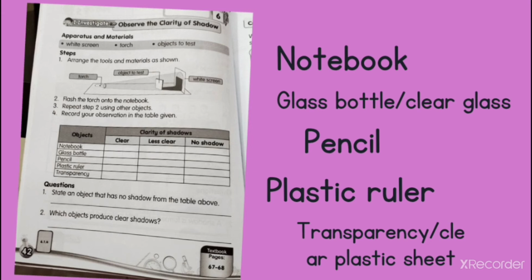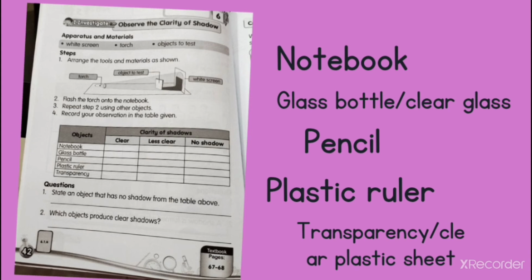Now, let's look at the steps. Number 1, arrange the tools and materials as shown in the picture. Number 2, flash the torch onto the notebook. Number 3, repeat step 2 using other objects. Number 4, record your observation in the table given. How do you record?